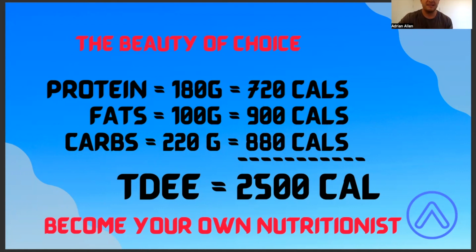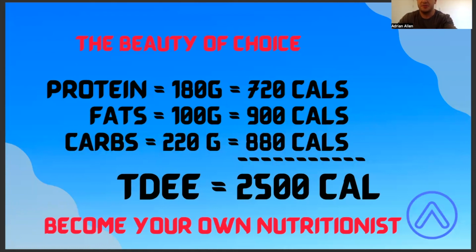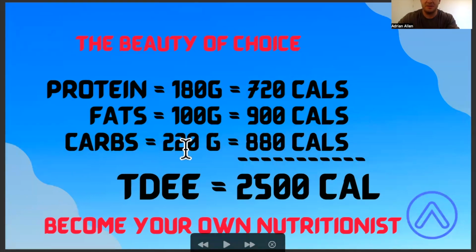Your protein stays the same at 180, and instead of having 60 grams of fats, you now have 100. So 60 changes to 100, you do the maths, and your 100 grams of fats now equals 900. But then your carbs, sorry, your 310 grams of carbs becomes 220. And again, this gives you the number 2,500 calories, okay?